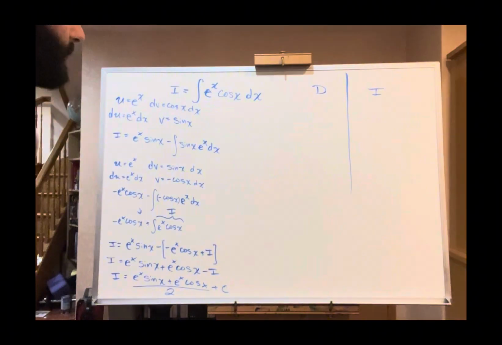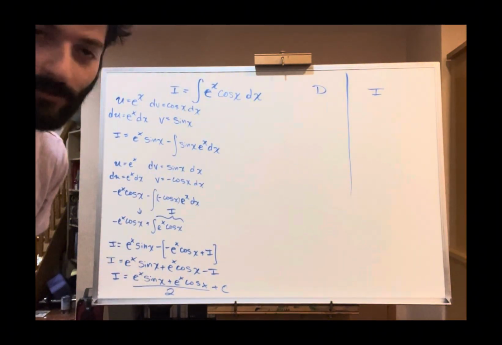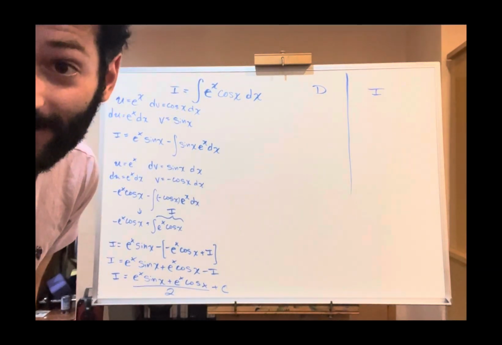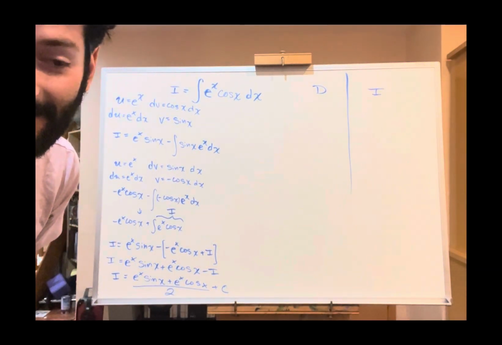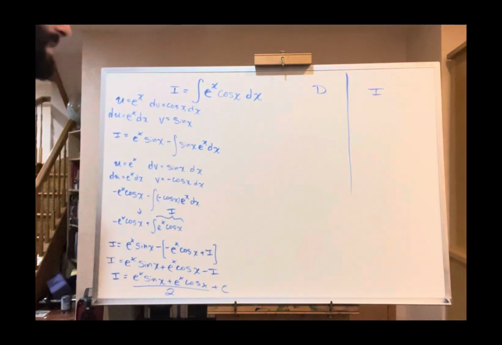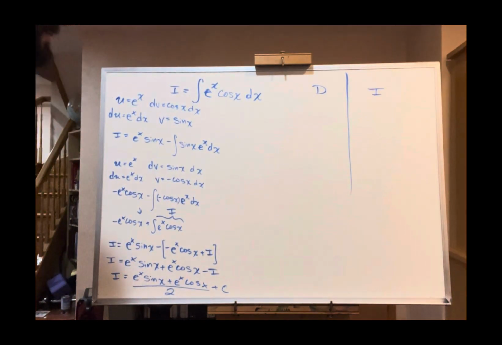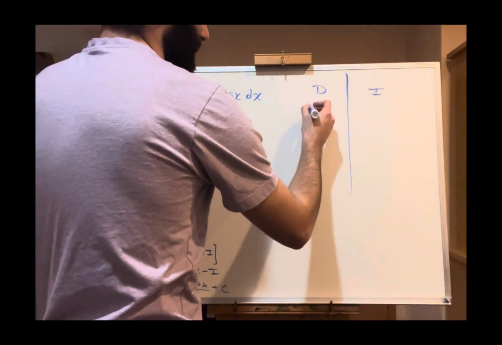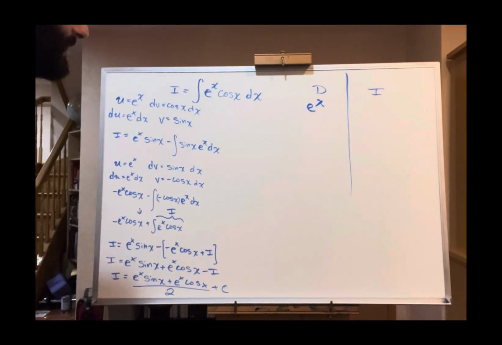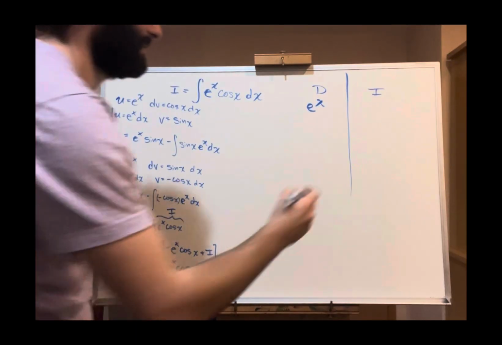But for now, we're going to say the exponential is always going to be the easier one to differentiate. It's just itself, right? So we set D equal to the exponential, and I, the integration, to cosine.